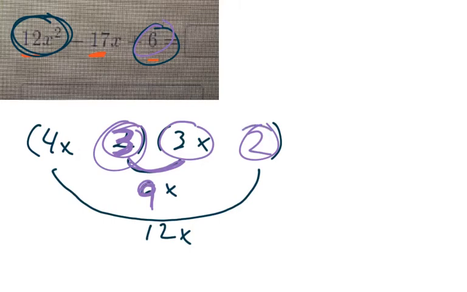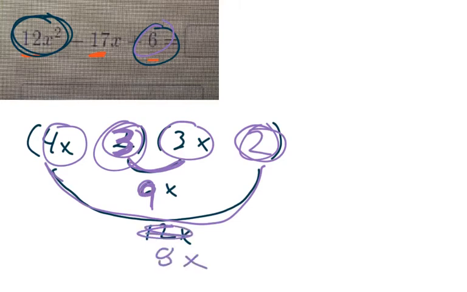My outer loop is 2 times 4, which is 8x. Can I now get a 17x? Yes, I can. 8 and 9 is 17. Watch your signs. That is a plus 17 there.